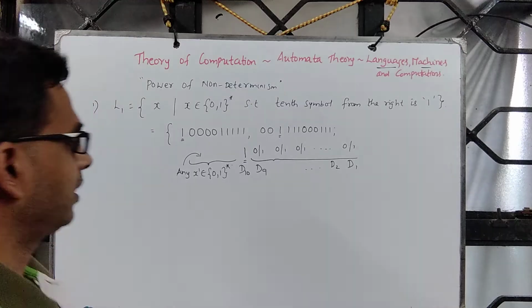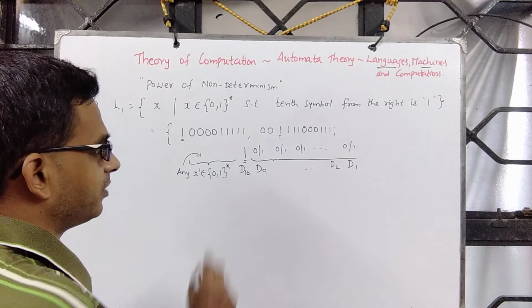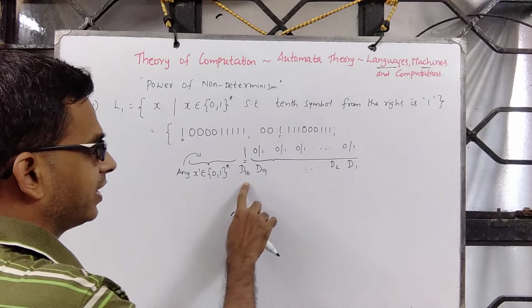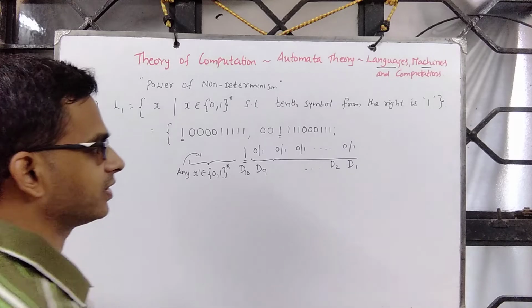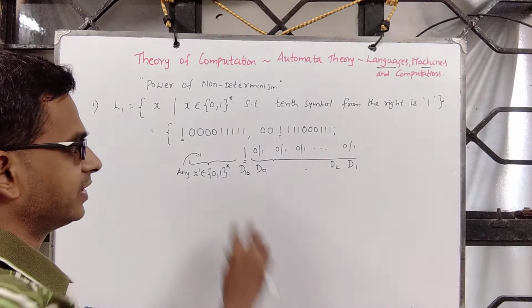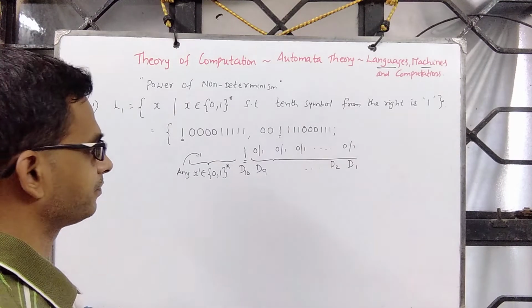Okay? But if you allow non-determinism, meaning some form of guessing, assuming the current digit is 1, and then you start exploring the rest. So if you bring some amount of non-determinism, then constructing an automaton is relatively easy.